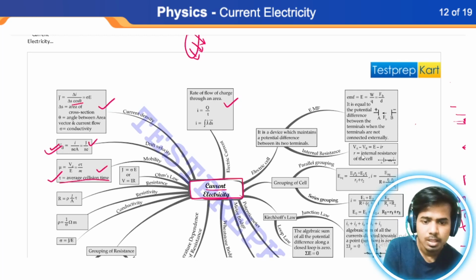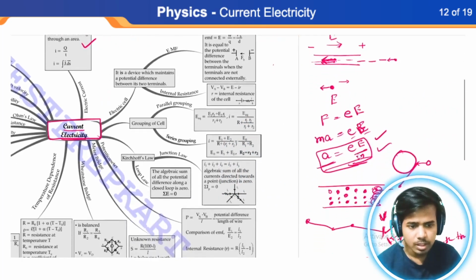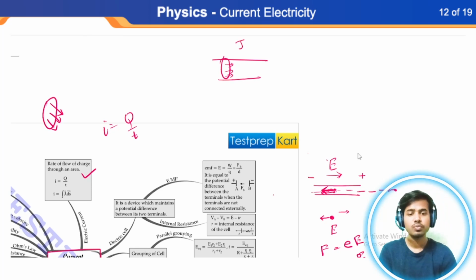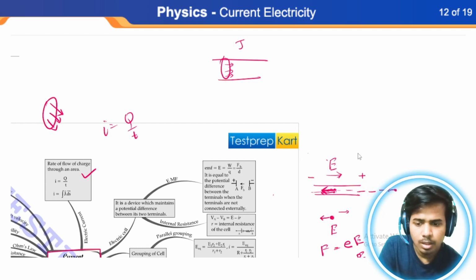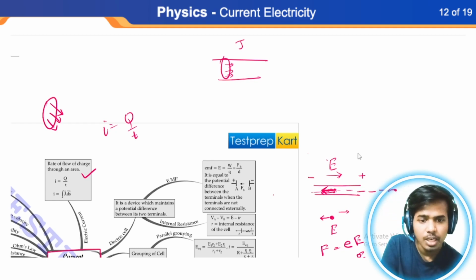Why? Because I is equal to Q by T, right? So let's say this is a wire over which there is this current density. From current density, if I want to find out the total amount of charge which has passed, or the rate of charge, I should definitely integrate it with respect to, or multiply with, area, right?